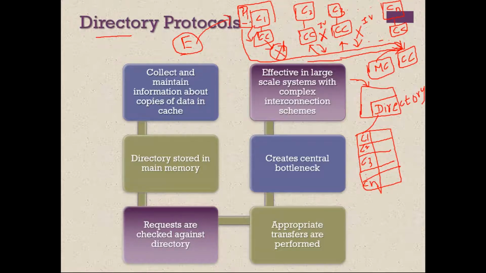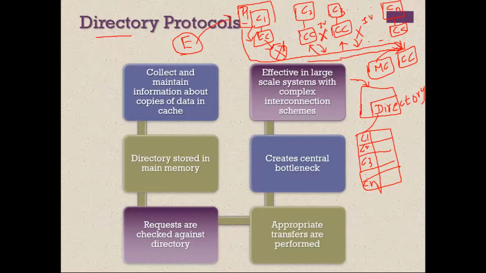When any processor requests exclusive access, the centralized controller will send a message to all the other processors stating that somebody has asked for exclusive access to one particular cache line, so that cache line should be invalidated.